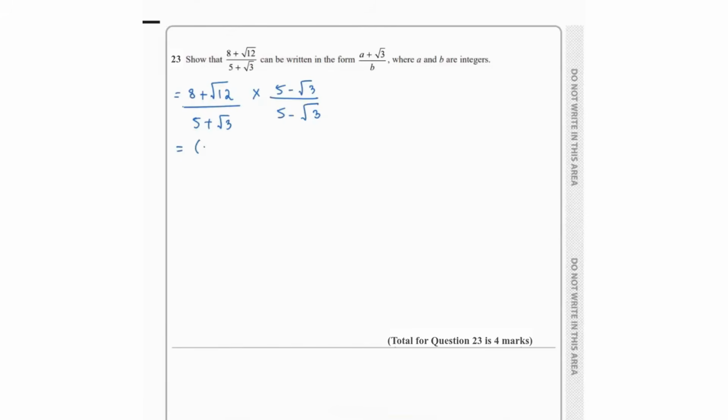For the numerator, we just directly multiply 8 plus root 12 times 5 minus root 3. And for the denominator, it's going to be 5 plus root 3 times 5 minus root 3. Once you have created the fraction, you multiply horizontally because we cannot simplify it vertically or diagonally. For the denominator, we're going to use the difference of perfect squares.